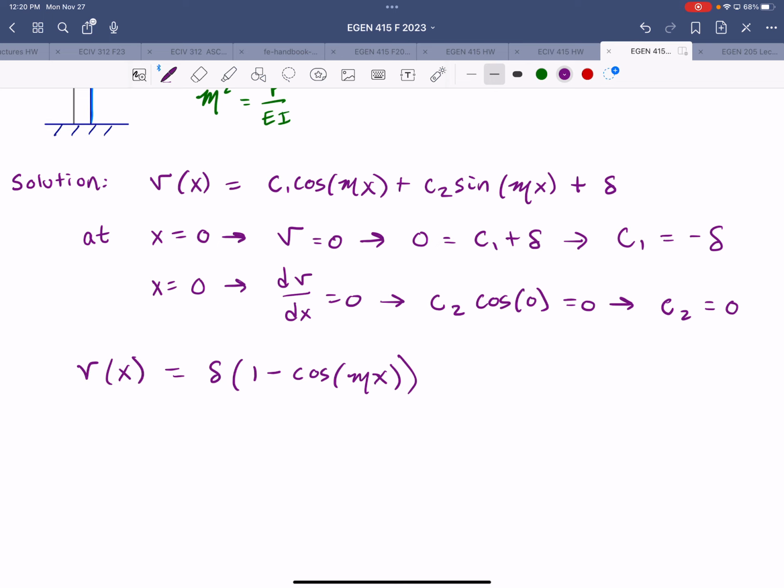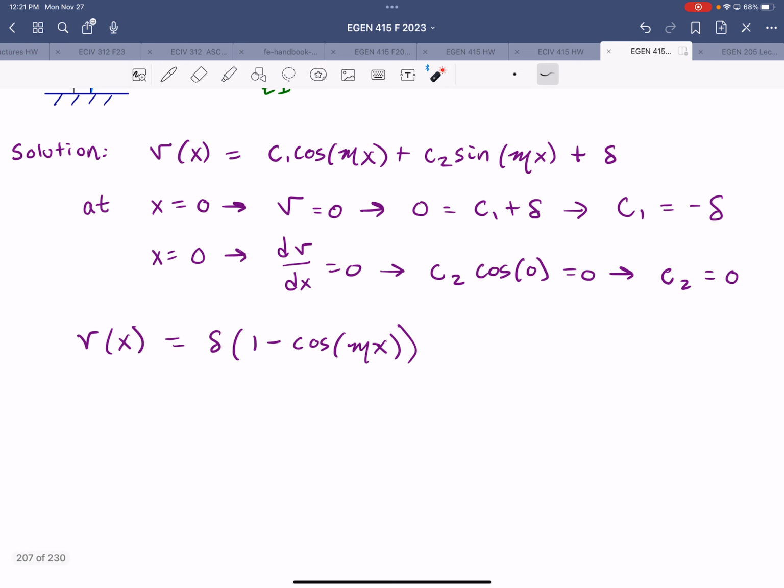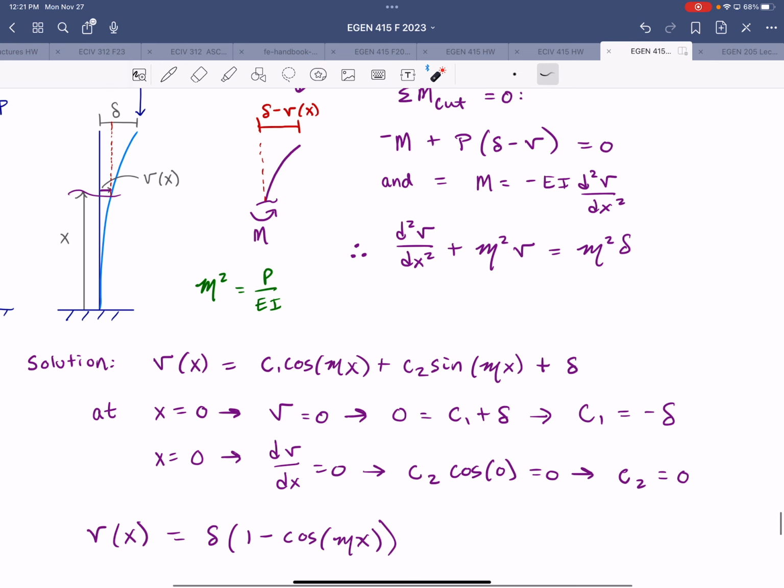We still need another piece of information before we can obtain meaningful results. So we're going to make use of the fact that we know at the top of the column, when x is equal to L, this v of x is equal to delta.